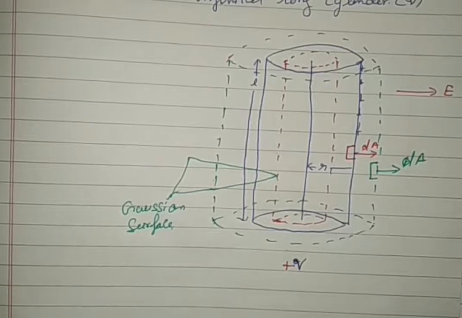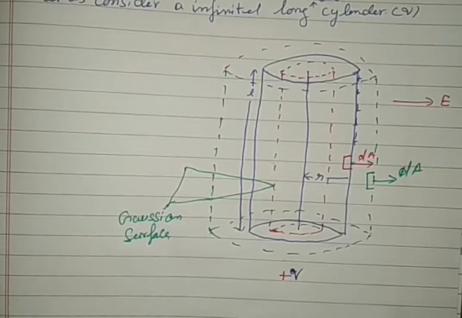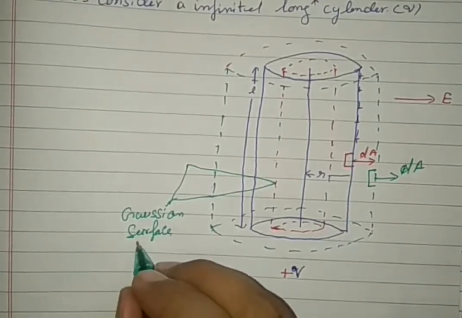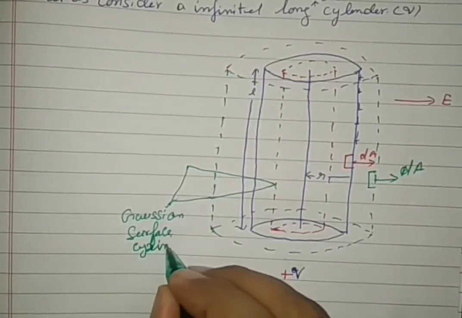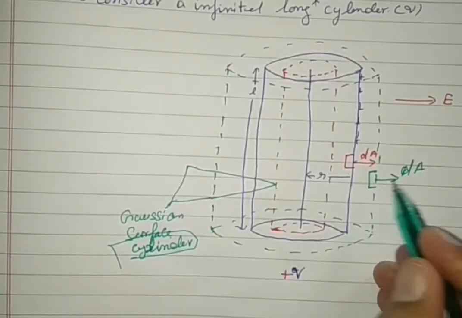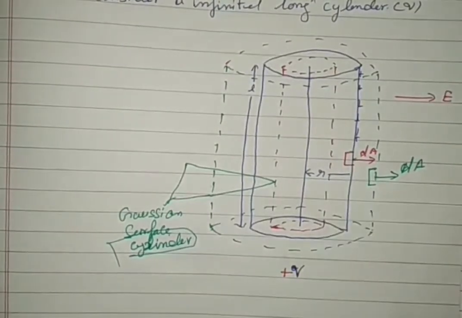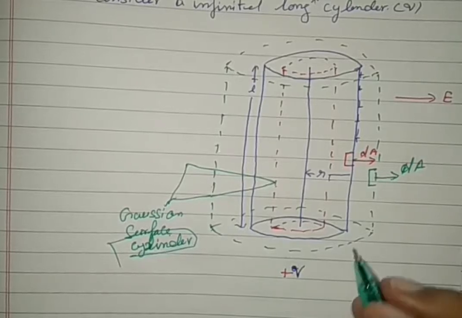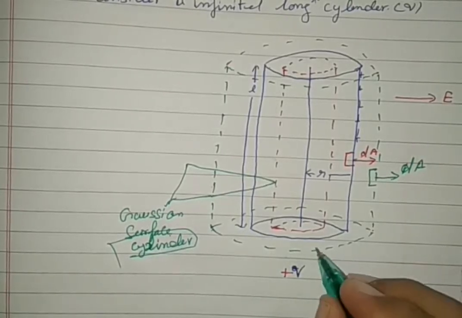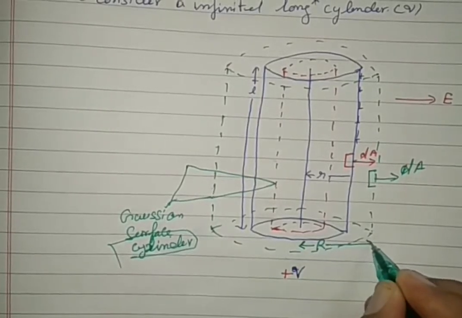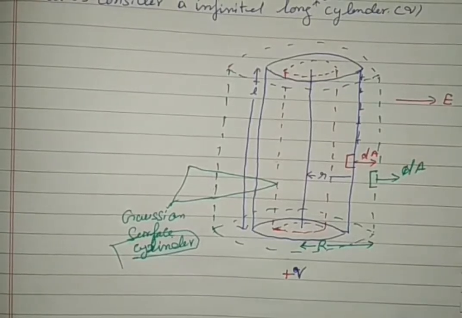We have seen this when calculating the electric field due to a line of infinite charge, where the Gaussian surface is also in the shape of a cylinder. So we will see whether the electric flux passes through the outer or inner Gaussian surface. Let the radius of the outer Gaussian surface be capital R.